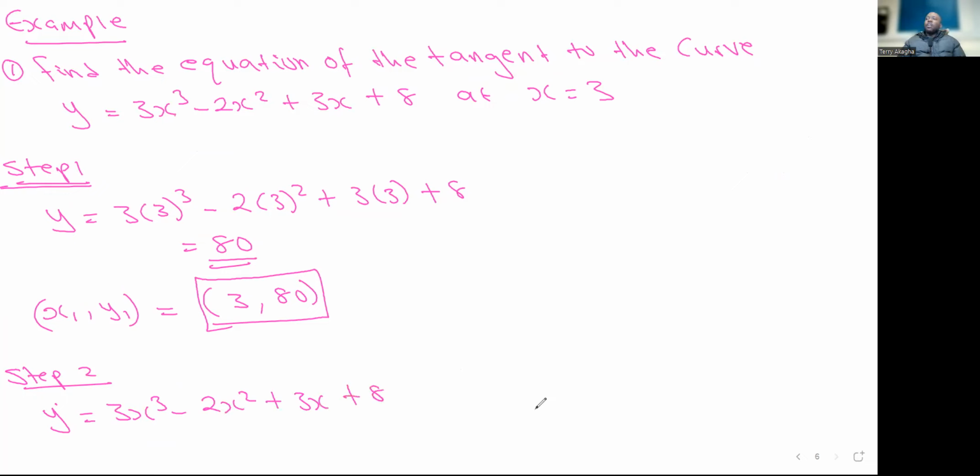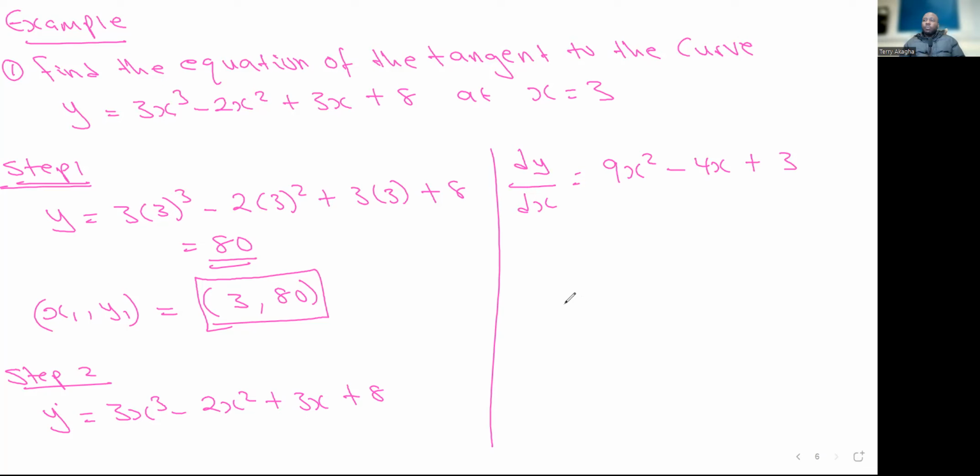The mechanism we're applying here is how to differentiate polynomials, which we've talked about before. When you differentiate this, dy over dx is going to give you 9x squared minus 4x plus 3. We use the power rule here and follow the steps of differentiation of polynomials.